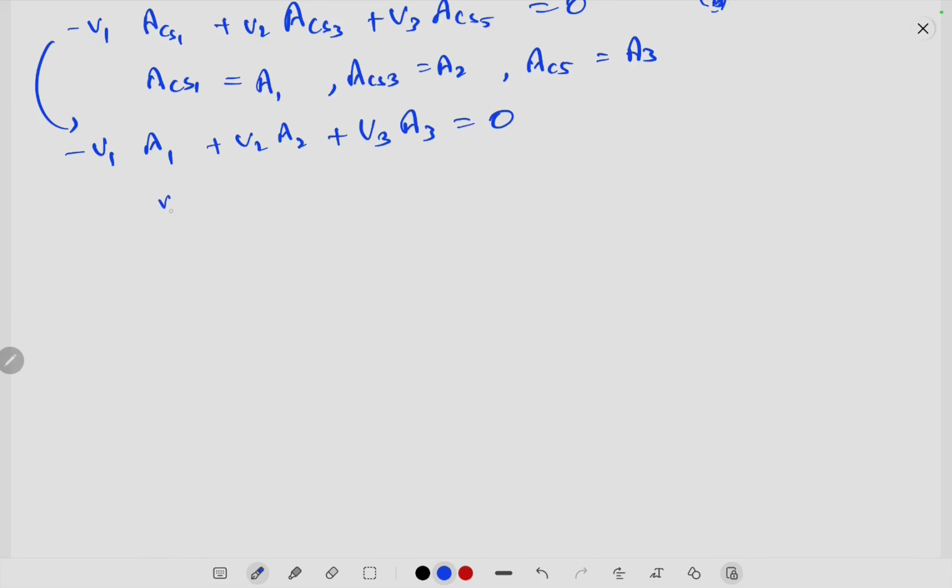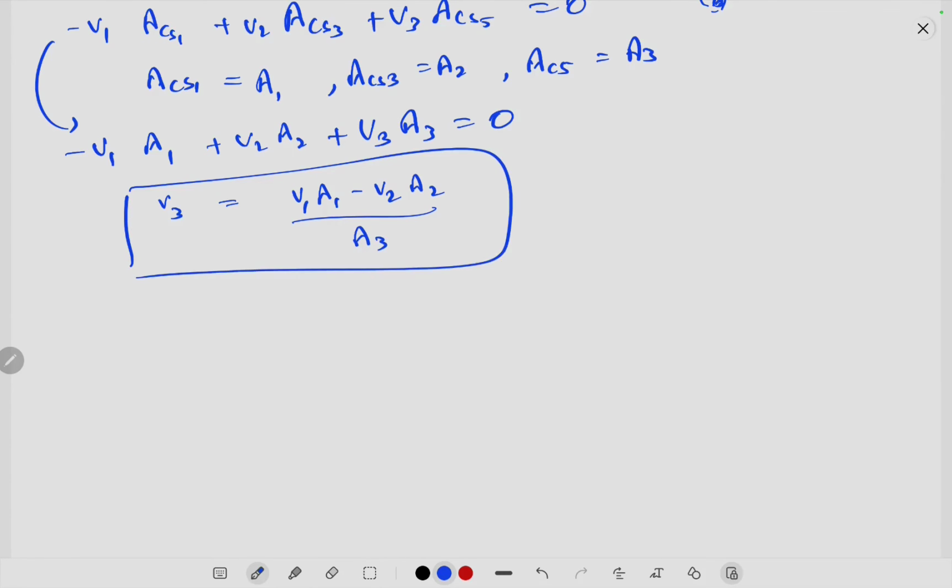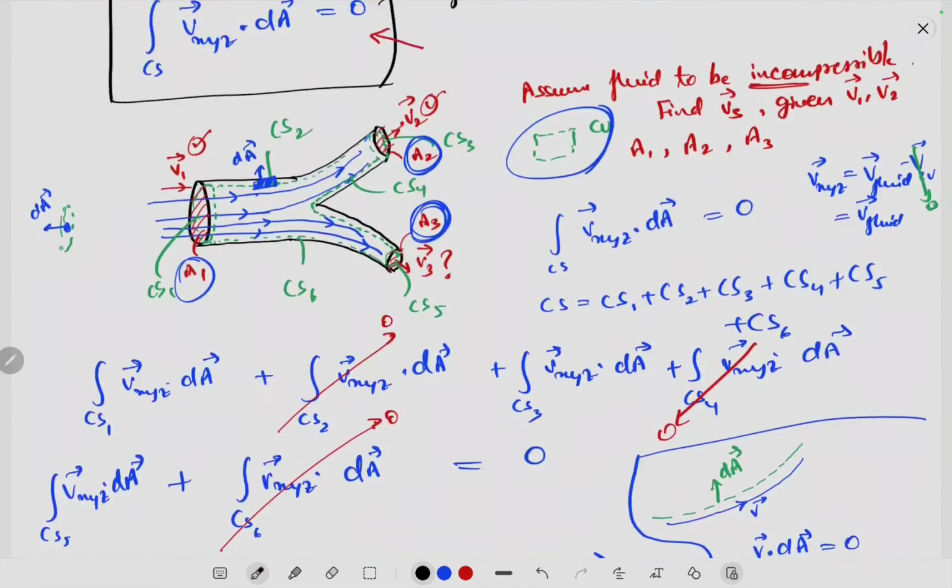So we'll get the unknown quantity V3 equal to V1 A1 minus V2 A2 divided by A3. So this is your answer. I hope now you understand how we can apply Reynolds transport theorem and the further equations that we derived using it.